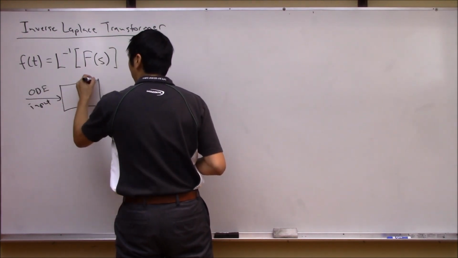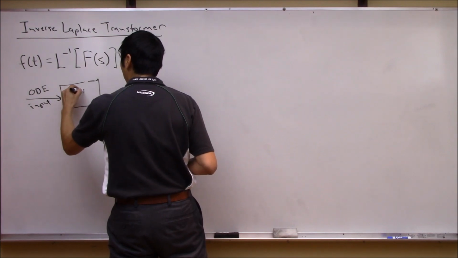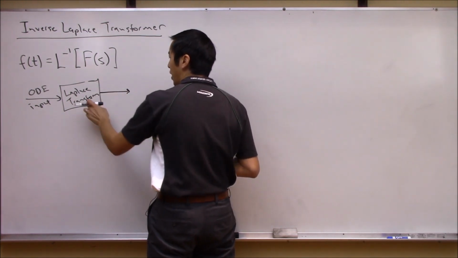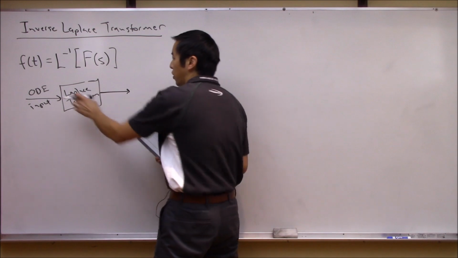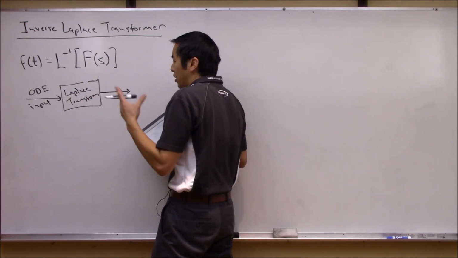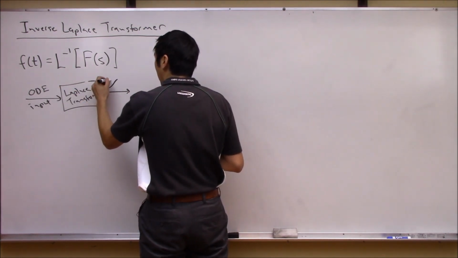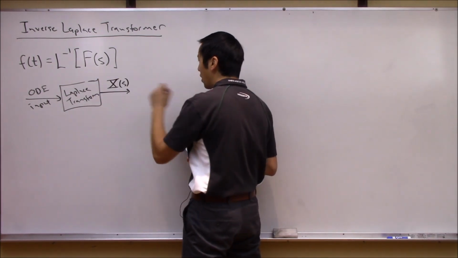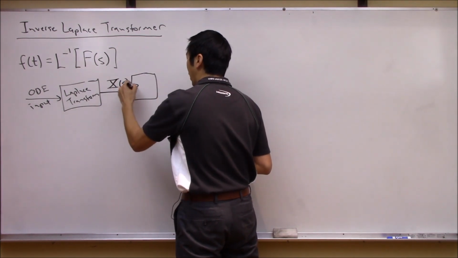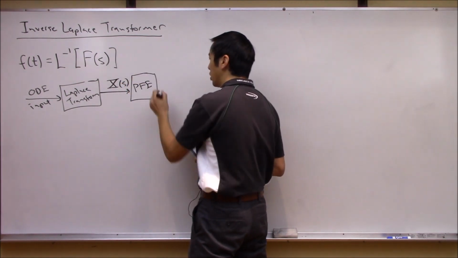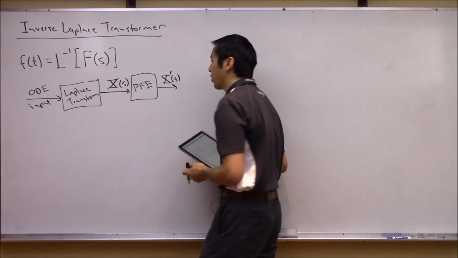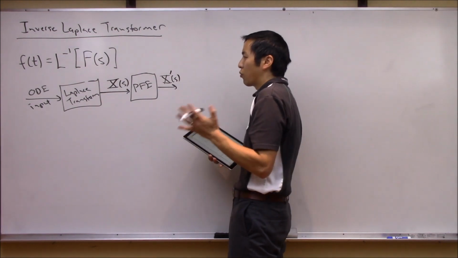We applied the forward Laplace transform, and after a little bit of manipulation we saw that this allows us to change the ordinary differential equation into algebra, and this returned a complex signal in the Laplace domain S. Then we did partial fraction expansion, or partial fraction decomposition, to get this function X of s in another format. Maybe we call that X of s prime. Basically, it's written somewhere nicer.